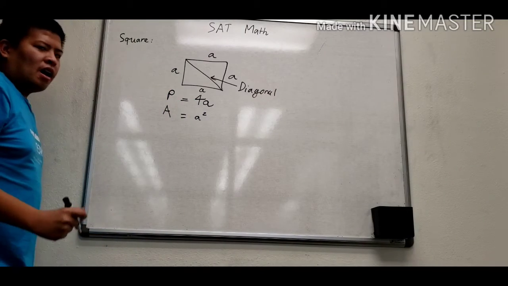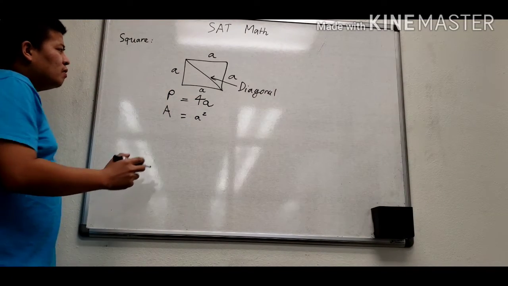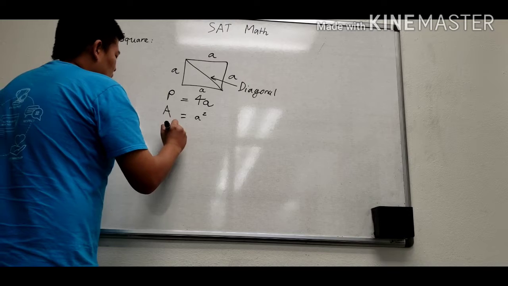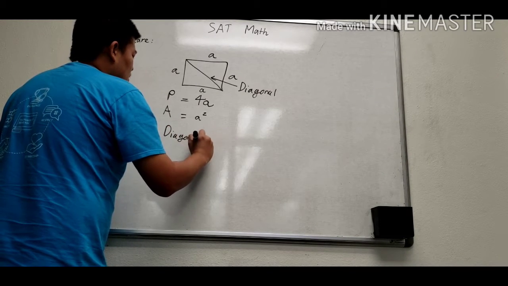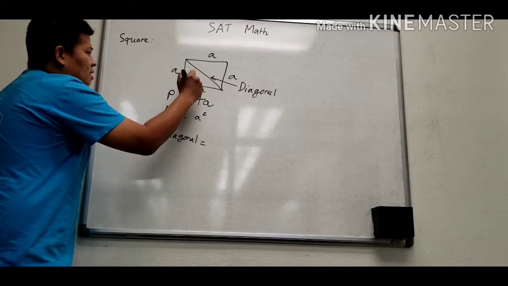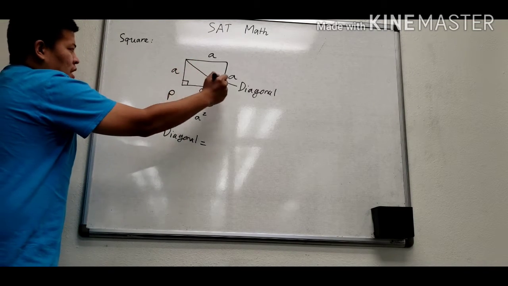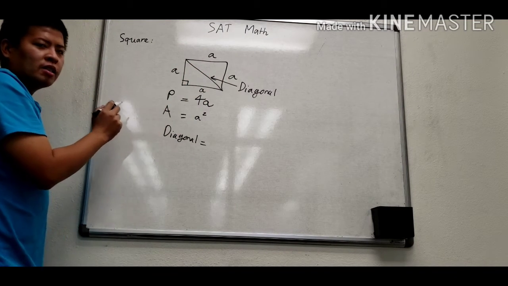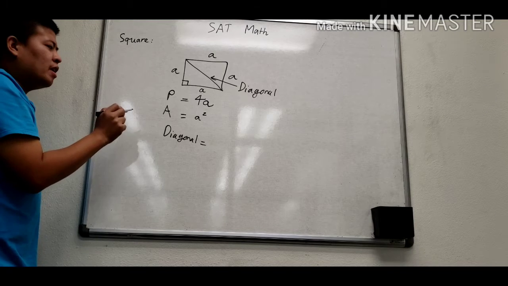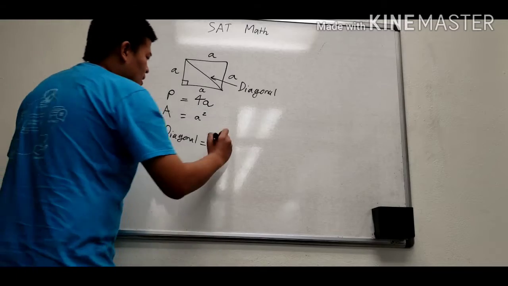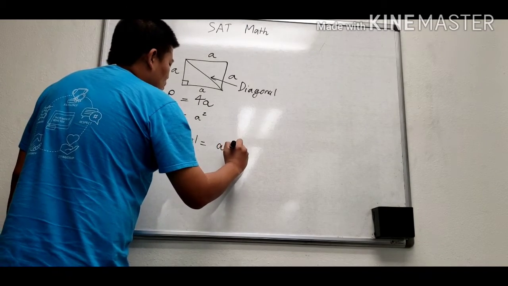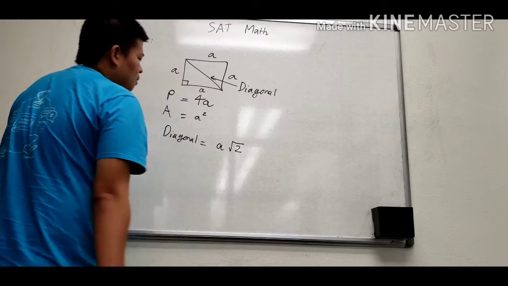To find the diagonal of the square, you just care about this right triangle, which is a special right triangle. The diagonal of the square is a multiplied by the square root of 2.